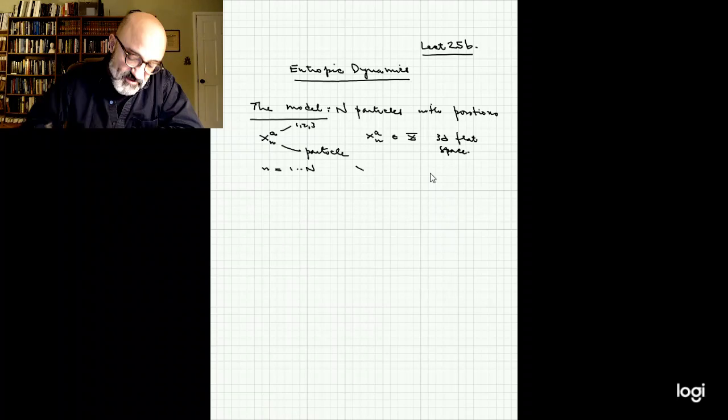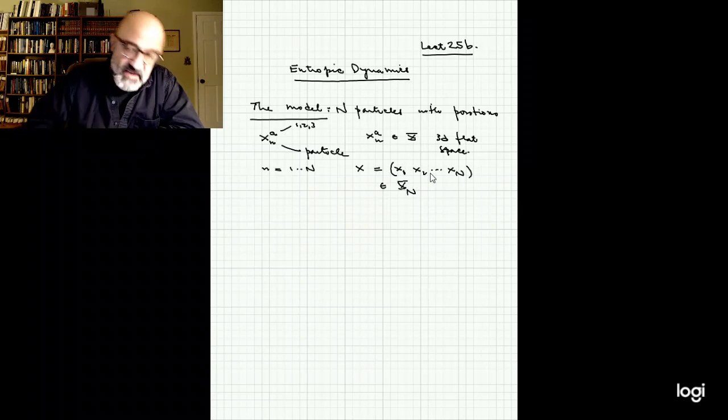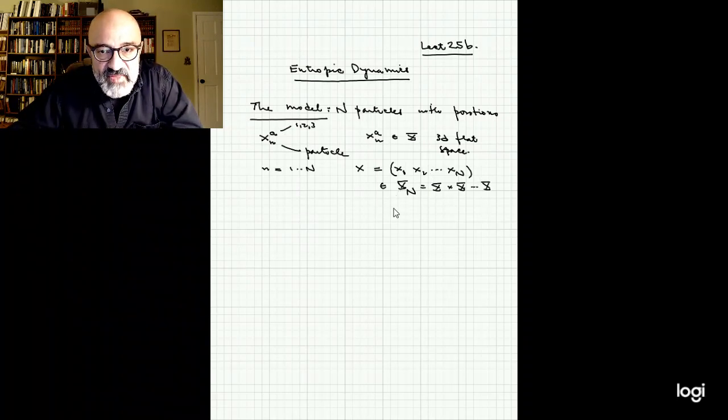For N particles, I'm going to write X. X is x1, x2, ..., xN, and this is going to be an element, a point in this N-particle space, which is just the product of N copies of the single particle space. Very good.